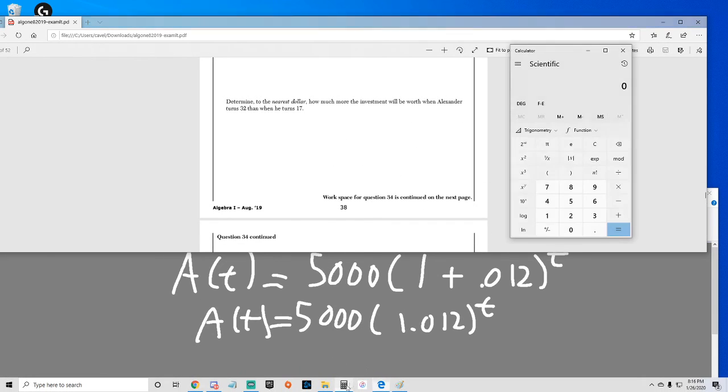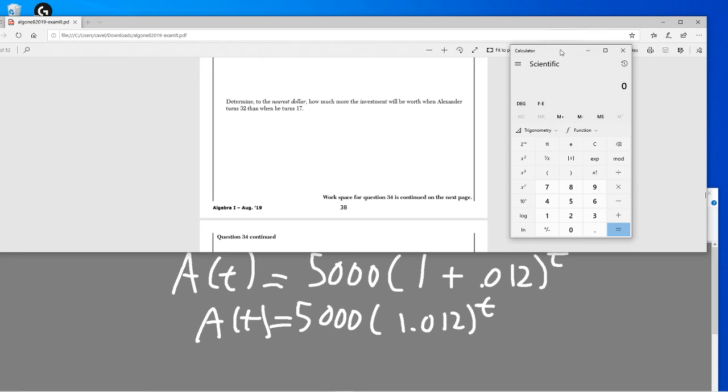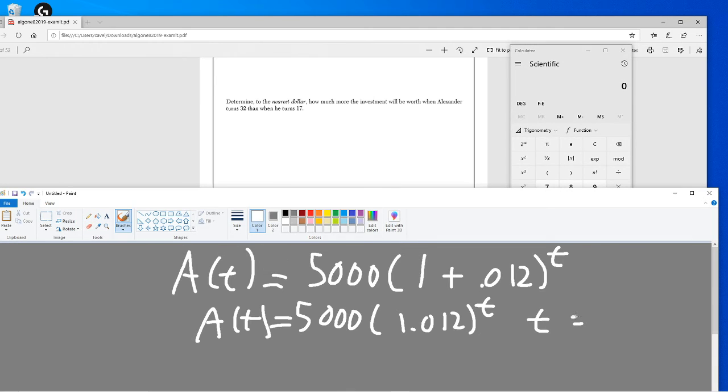Now it tells you to compare, to the nearest dollar, how much more the investment will be worth when Alexander turns 32 than when he turns 17. So t is equal to 32 versus t is equal to 17.